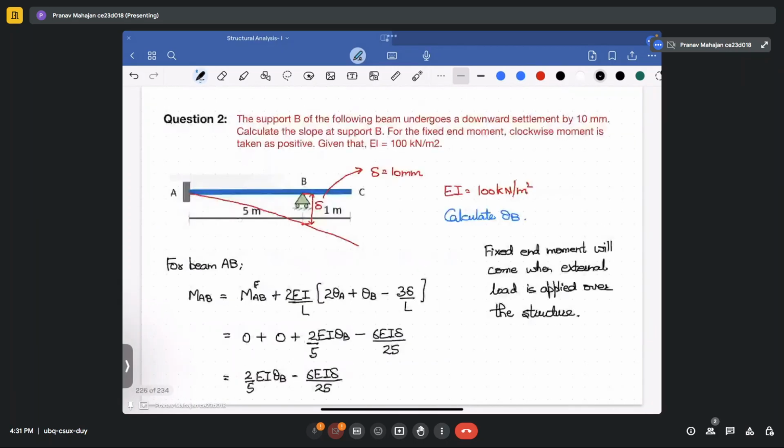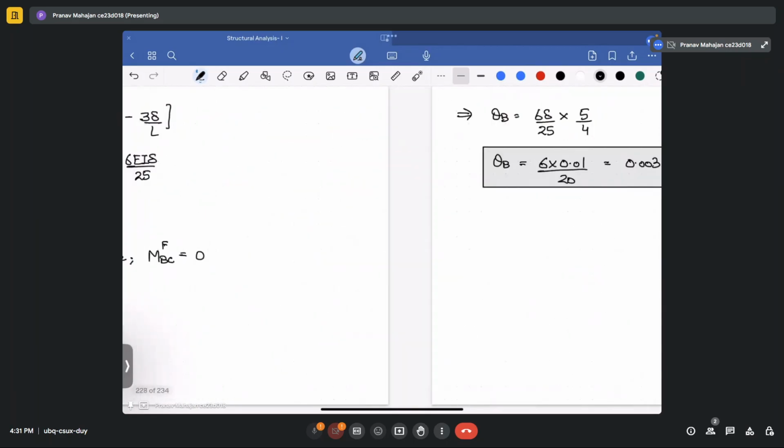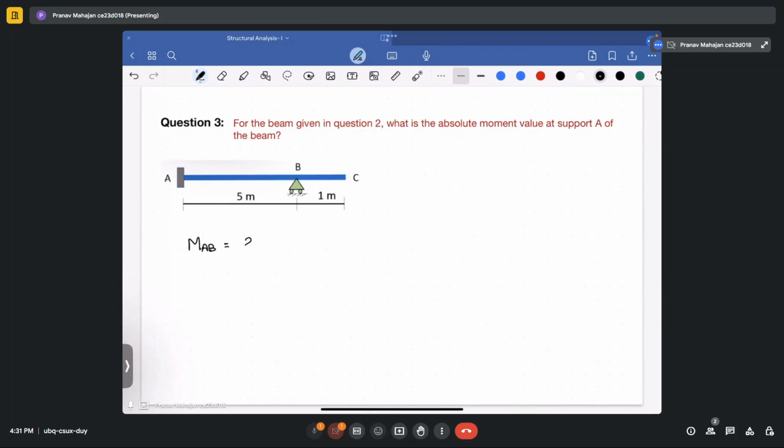MAB here is 2 by 5 EI theta B minus 6 upon 25 EI into delta. So now we will calculate the absolute value. Substitute theta, delta, and EI.